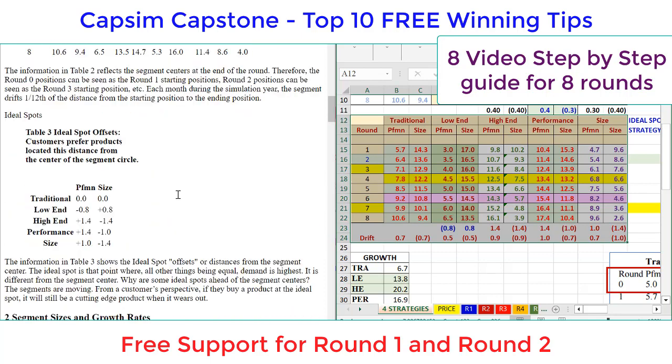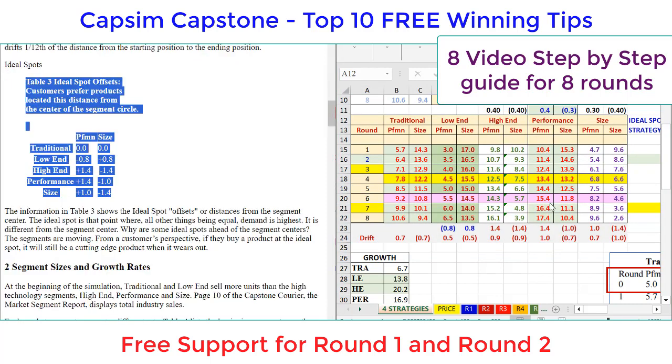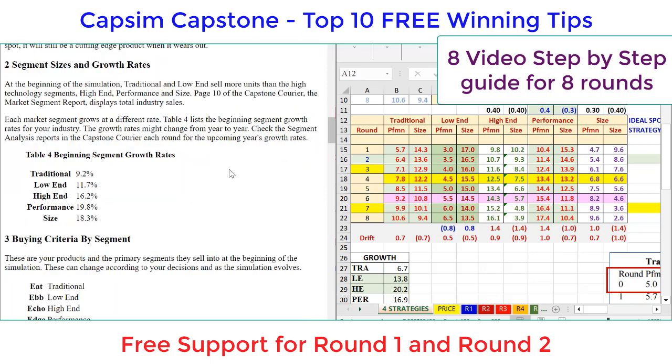We have 5 product segments, and remember to update the product with the ideal spot here. I have updated this in the Excel file, so we can just use it for 8 rounds. But remember to check the industry condition report, because it may be different from game to game.